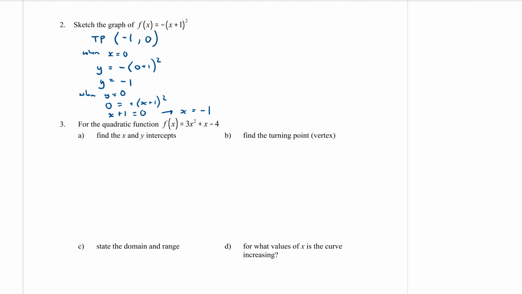All right, we have all we need to sketch. So my turning point was x equals -1, 0, which is right there. My y-intercept was at -1, which I'm going to put there. The only x-intercept that I have is at -1.